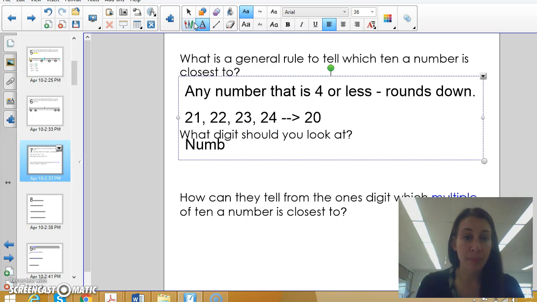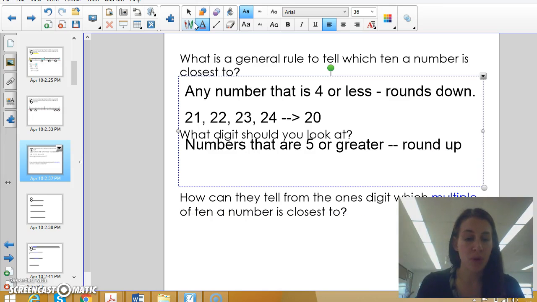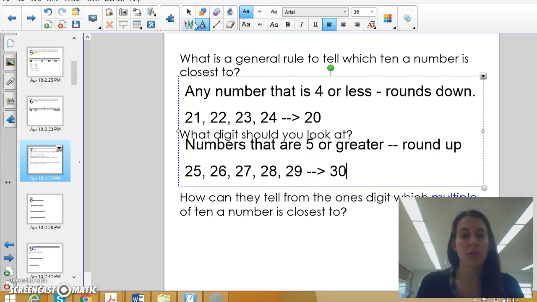But numbers that are 5 or greater, they always round up. For example, 25, 26, 27, 28, 29, all round to 30.